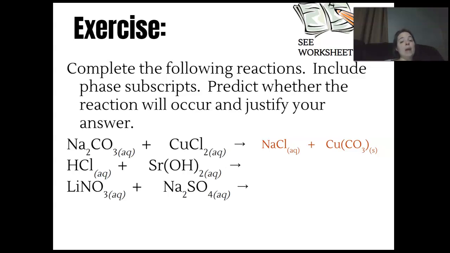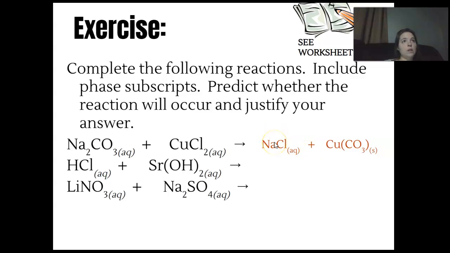But I do need to balance now that I've got that all figured out. Ooh, one thing I missed. I've got to figure out, is it a solid, liquid, gas, aqueous? So sodium chloride, if I look to my table, E or F, can't think right at the moment which one is which, you're going to look to that table and find out, is it soluble, aqueous, or insoluble, solid?